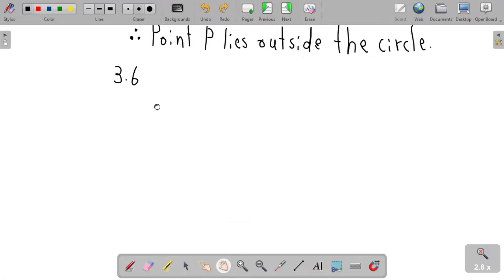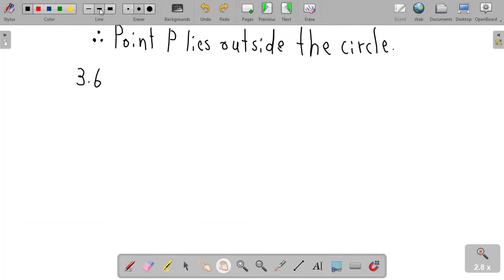So now the x coordinate. In order to find that, we're going to say 1 equals x p plus x s, all over 2.